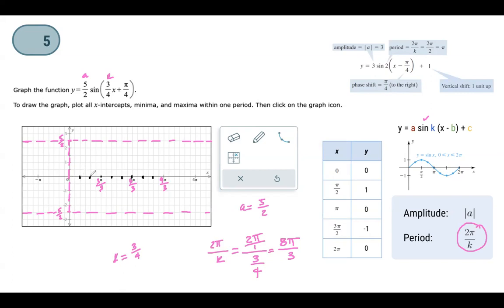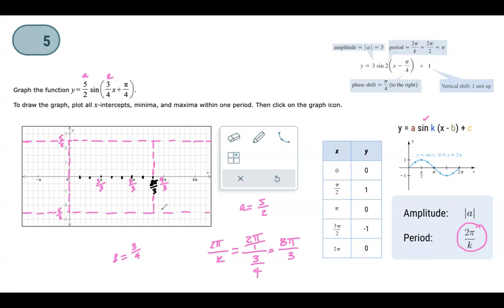Remember that you need 3 pieces inside of each unit, inside of each pi. So pi over 3, 2 pi over 3, 3 pi over 3. So that means that right here we have 8 pi over 3. So if we didn't have a phase shift, the graph would end up right there. And you would just sketch a graph in between those boundaries.